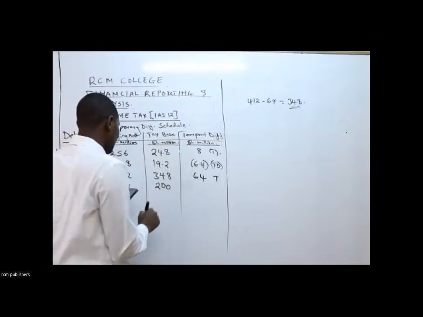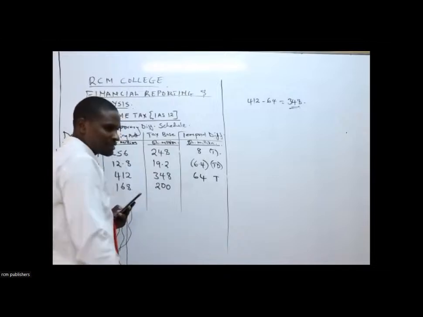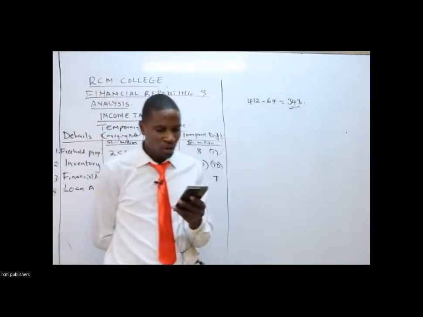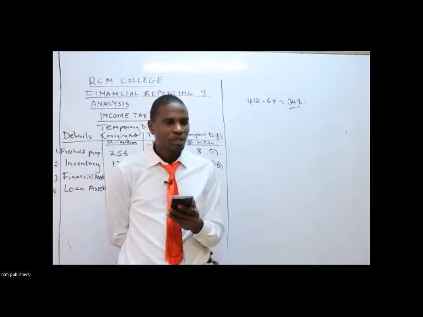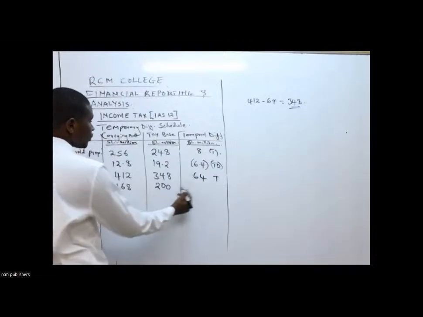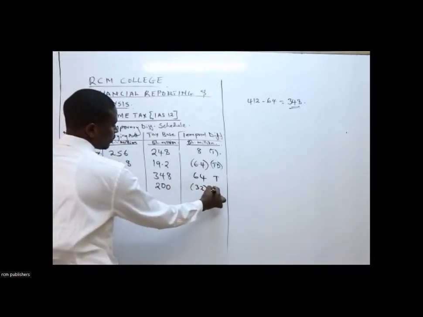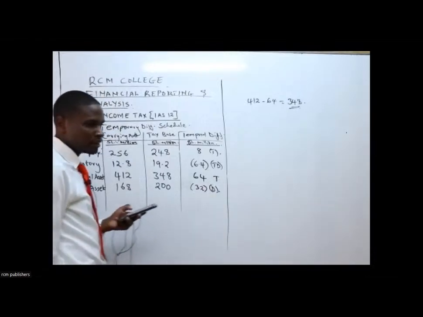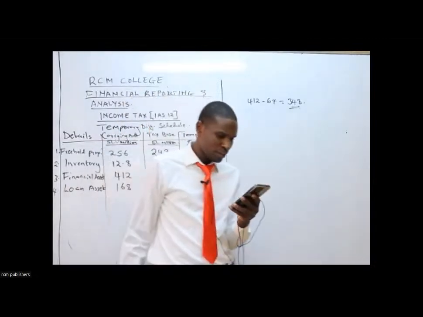Since we are dealing with an asset, tell me whether it will be taxable or non-taxable. You can see it will be non-taxable, that 32. This is deductible. And then the last item. I think this is among the last items.